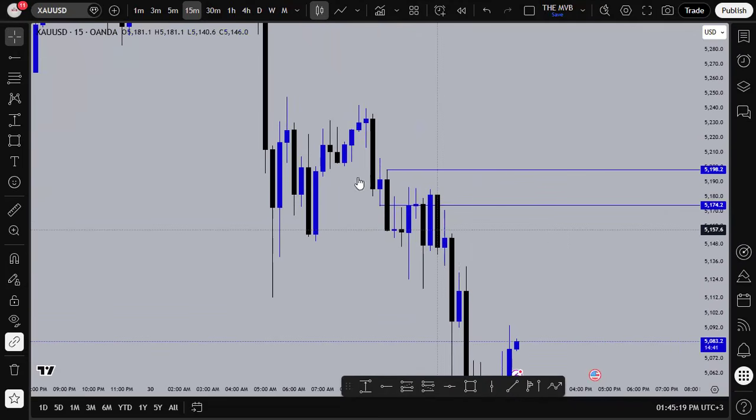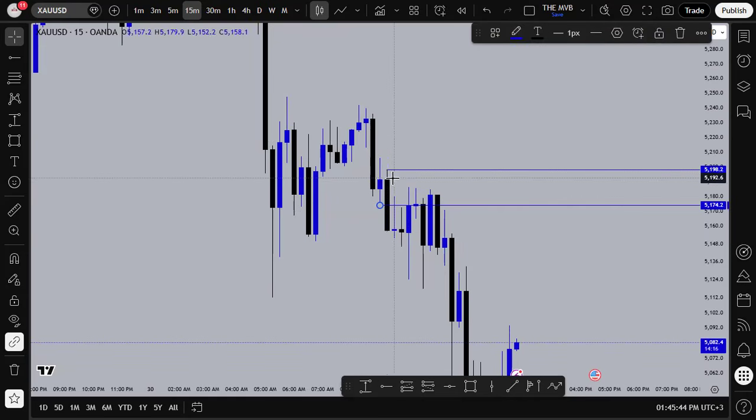Now the trick is that this is your entry area. If it is the higher time frame, you can definitely go and look at what is in there for you to use as an entry. For example, let me show you how I took this entry. I marked out this zone here, the selling zone, and then I went all the way back to the 1 minute.